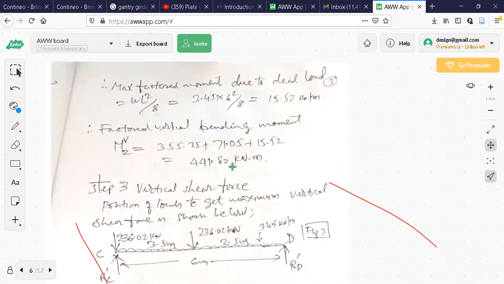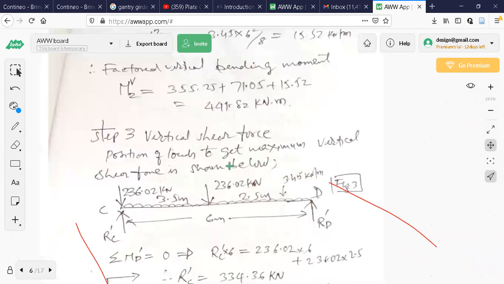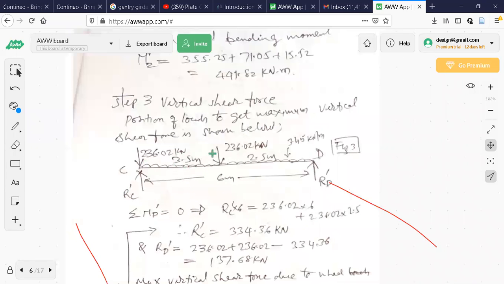Then the vertical shear force has to be calculated. Now you can see for vertical shear force, the position is changed, because if I keep the same position of point loads, I'm not getting maximum shear force. Again, I have to go for the influence line diagram for shear force. For this, one wheel should be directly on support C. AB is the span for the crane girder.